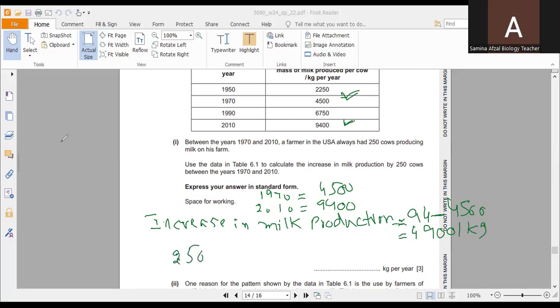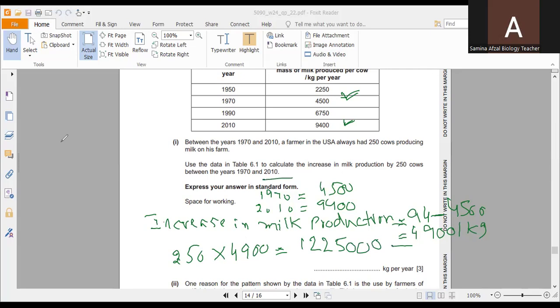We will multiply 250 with 4900, and after calculating with a calculator we get 1,225,000. But this is not yet the final answer, because we have to write it in standard form.